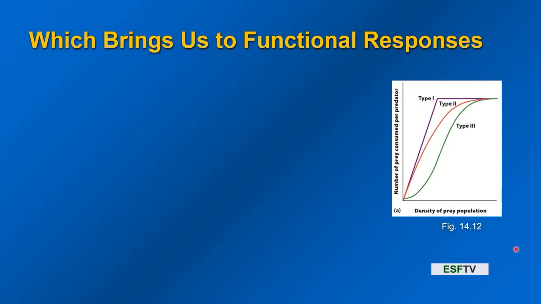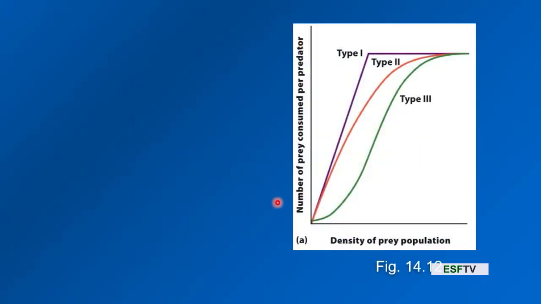Okay, one more slide before I finish. Well, there's two more slides, but one more concept that's kind of junked from everything I've been talking about. But I think it does fit in right here, or at least I'm going to pigeonhole it right here. And that is that if you're looking at predator-prey interactions, so we have the density of prey population on the x-axis and the number of prey being eaten by the predator, there are variations to that theme.